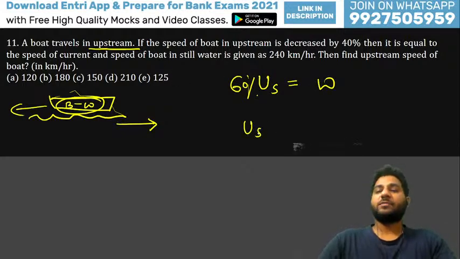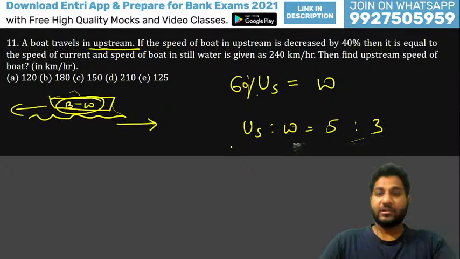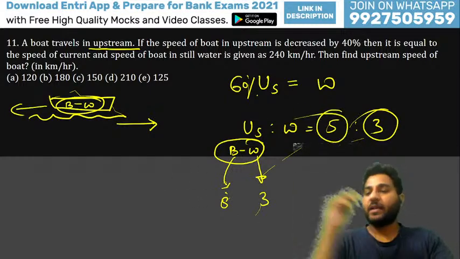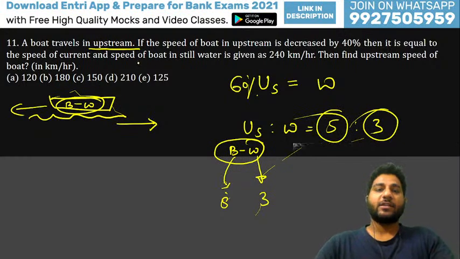So upstream speed and water speed will become 5:3, and you all know that upstream speed suggests boat minus water, that means boat must have been 8 and water has given as 3, so your upstream speed has become 5.